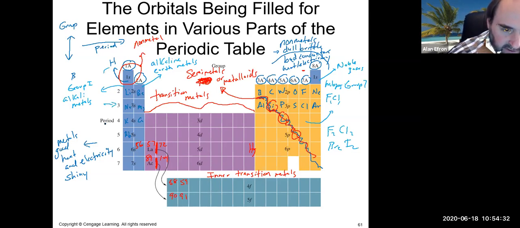Going this way would be period 3, period 4 heading that way across. You also need to know the names of those groups. Group 1 is the alkali metals, which starts with lithium. Group 2 is the alkaline earth metals. Group 7 is the halogens, and group 8 is the noble gases. Any questions on the periodic table?